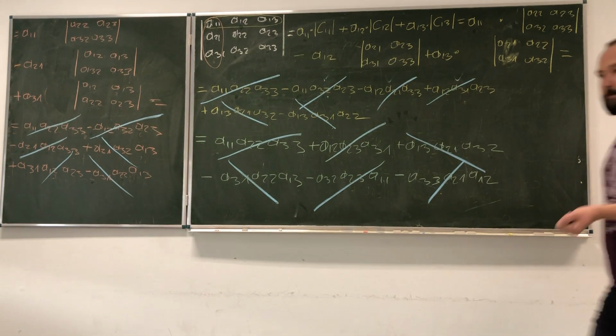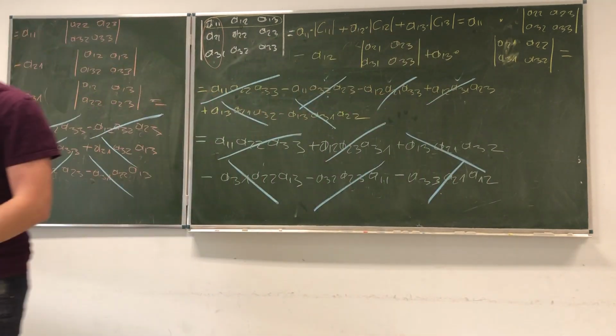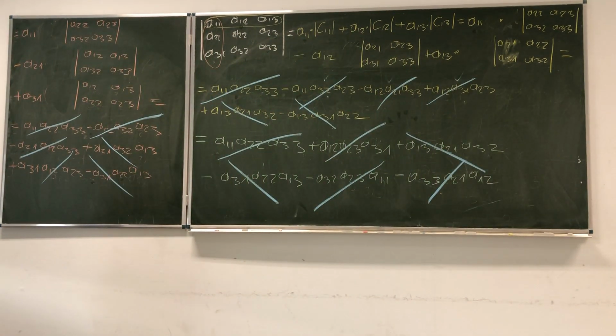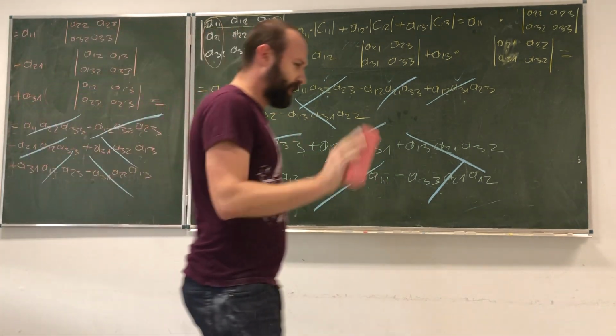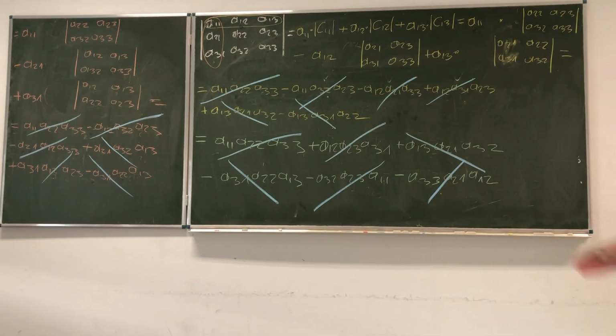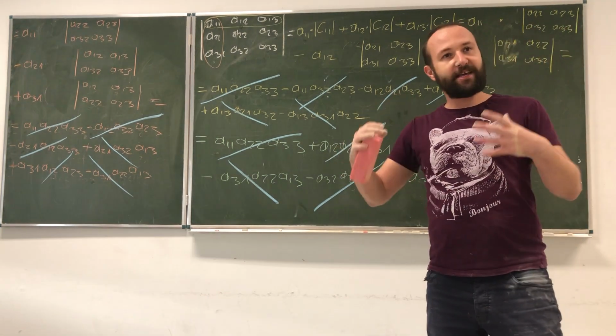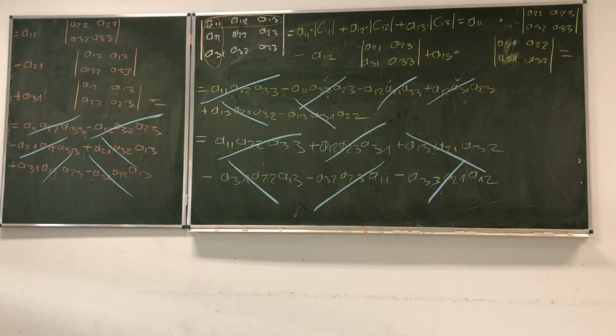Okay, so look, what have we learned thus far? We've learned that using Laplace expansion in the following way, we can calculate the determinant by making a series of smaller determinants, right?